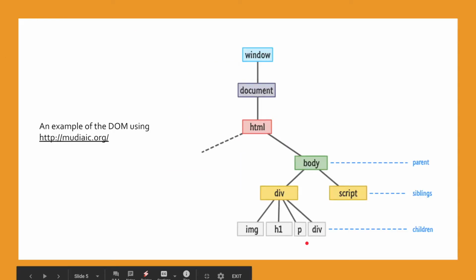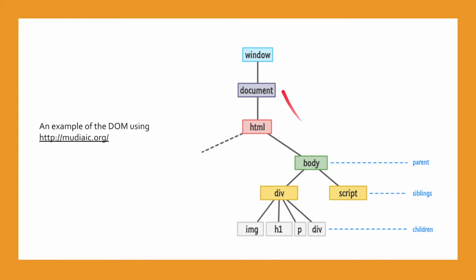So the relationship between each of these elements in the DOM tree is that after the HTML element, we have the body that renders the content we see on our pages. This HTML element here, we can refer to as the root element, and the body element has the HTML element as its parent.